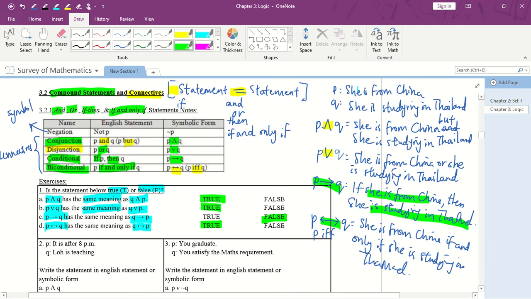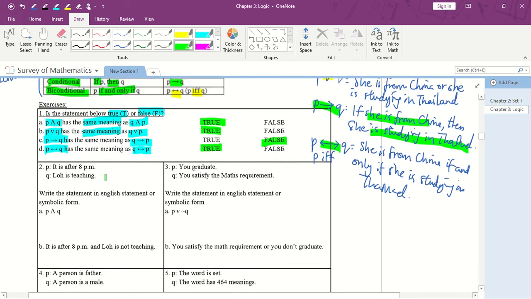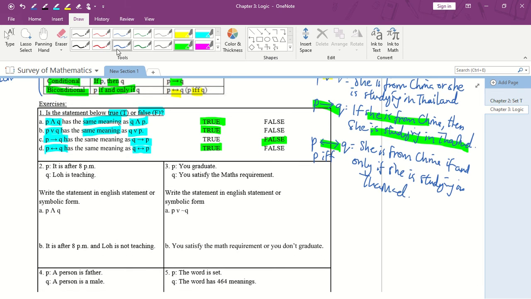Okay, so let's try to look at the questions here. Continue. Question 2. P: it is after 8 p.m., and Q: Law is teaching. Now the question asks us to write a statement in an English statement or symbolic form, depending on the question.